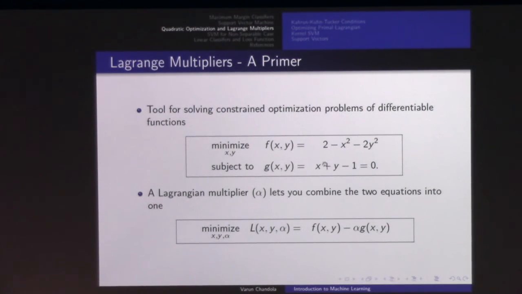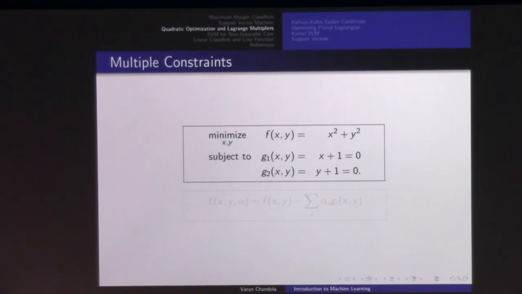So that is the idea behind the Lagrange multiplier method. You can also use it for multiple constraints. Let's say you have two constraints, you get two Lagrange multipliers. If you have n constraints, you get n Lagrange multipliers.